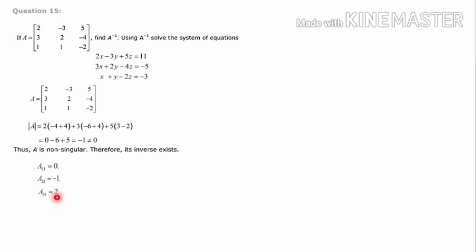So plus 2 is the final answer. Next we have to go for A12. If you take A12, that is first row, second element. First row, second element is minus 3. So minus 3, if you take that particular row and column is gone. 3 into minus 2, that is minus 6.